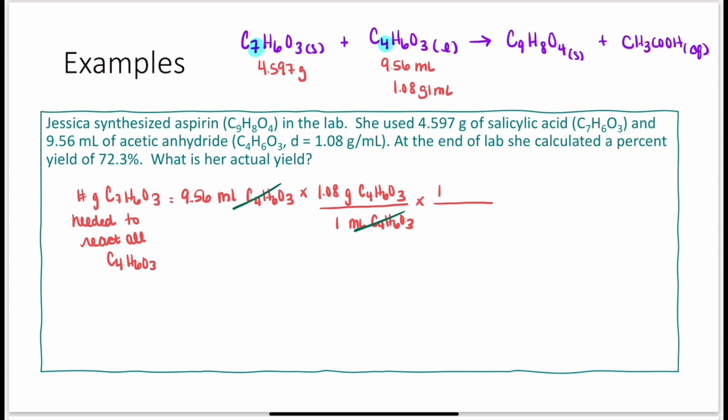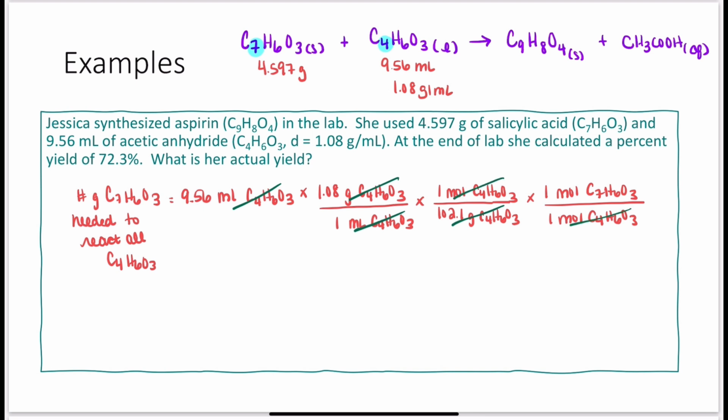So now I can go ahead and convert to moles. 1 mole C4H6O3 weighs 102.1 grams. Now that I'm in moles of acetic anhydride, I can convert to moles of salicylic acid. So 1 mole C7H6O3 is consumed for every 1 mole C4H6O3 consumed.